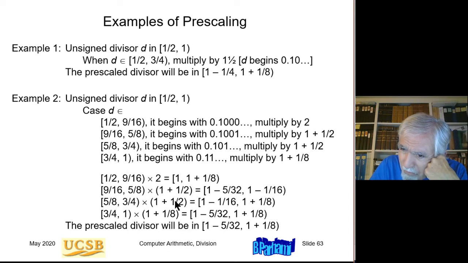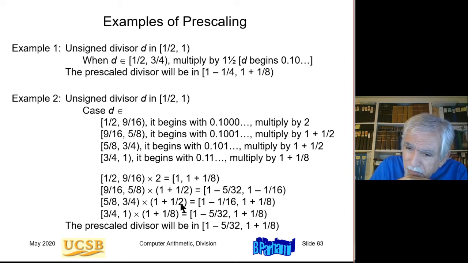Multiply by 1.5 in these two cases, and multiply by 1 plus 1/8 in this last case. And then if you simply find the union of all these intervals, the divisor will be in the range 1 minus epsilon, where epsilon is 5/32, to 1 plus delta, where delta is 1/8.